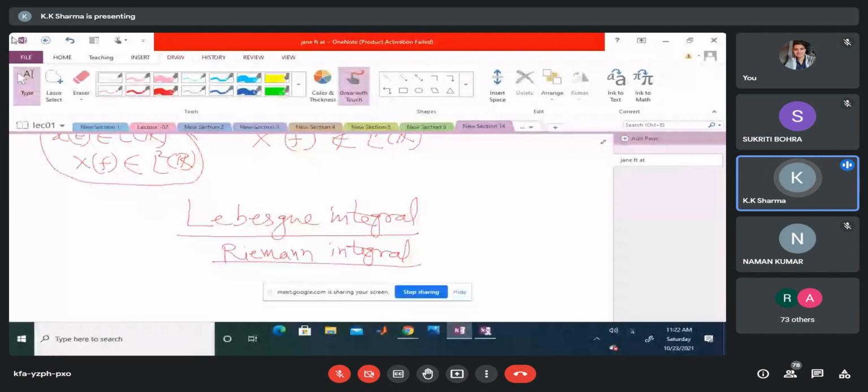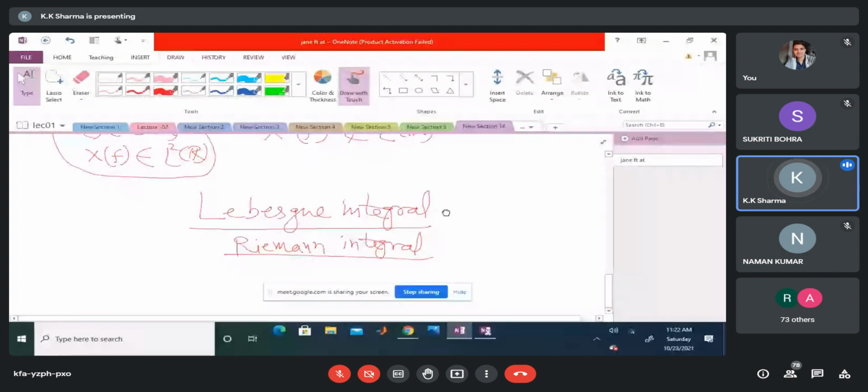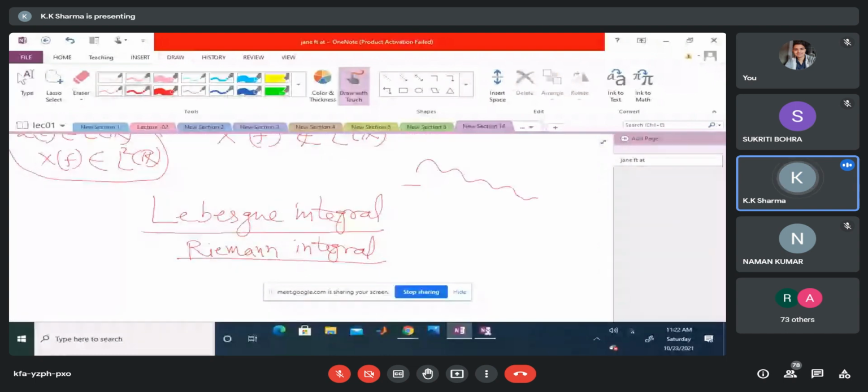And one of the important properties of this Lebesgue integral is that suppose you have a signal x1(t) and you have another signal, say x2(t), the same signal but differing from this at a countable number of locations. Say the value of x2 here is 3, the value here is 5, the value here is -4.